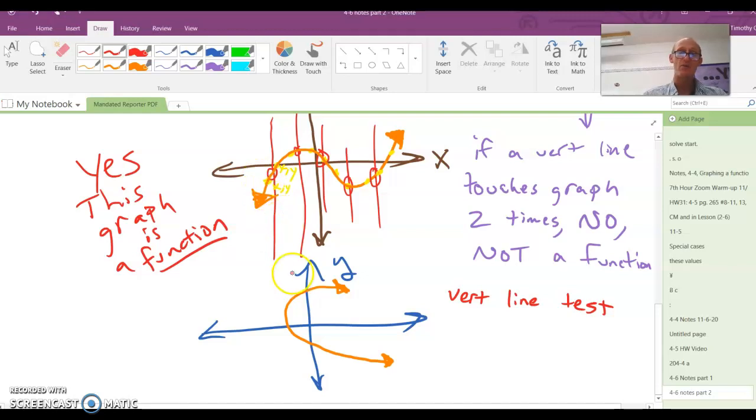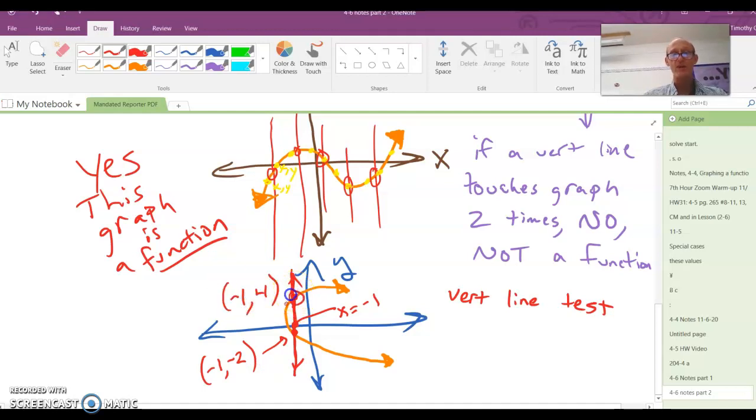Now in this example, look, if we touch it once right here and once right here, that's one x. You see this is the x value. It has 2 y's. So let's say x equals -1 right there. This point right here is (-1, -2), and this point right up here is (-1, 4).